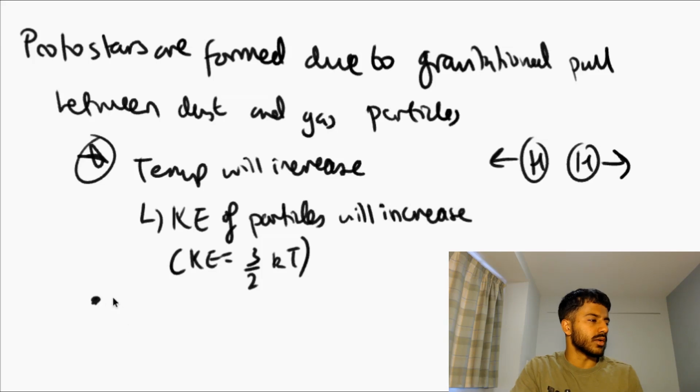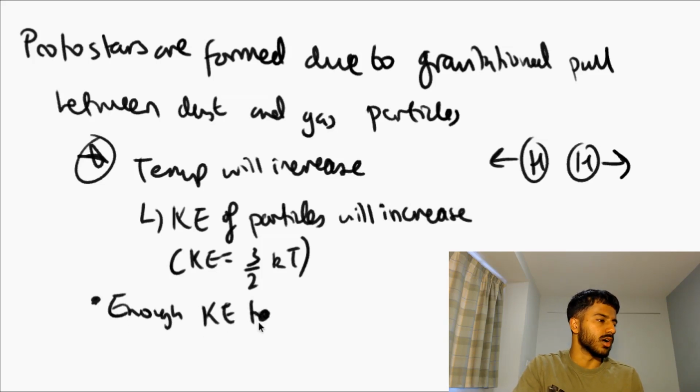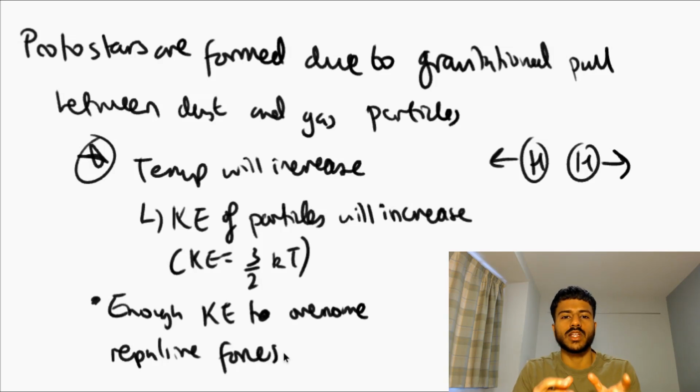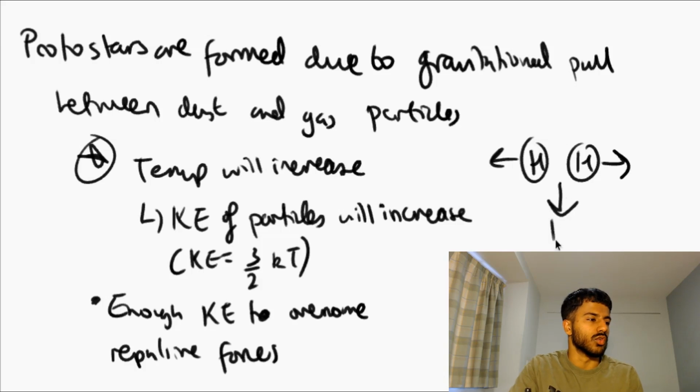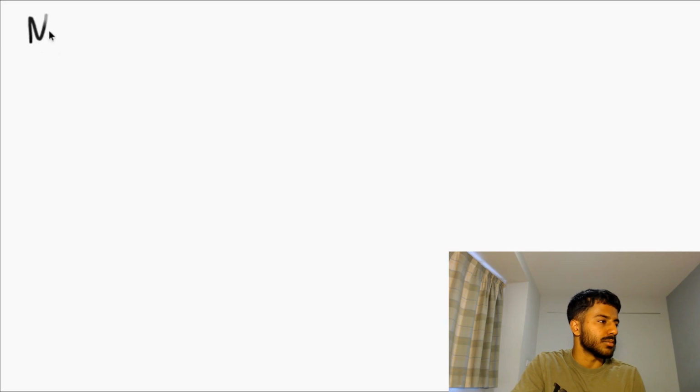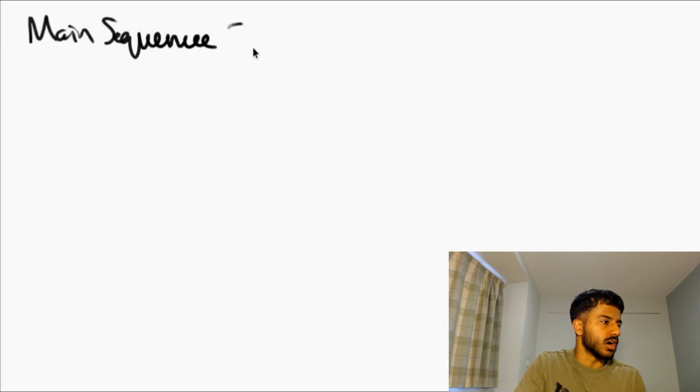And this would therefore mean there is enough kinetic energy to overcome the repulsive forces. And what that basically means is two hydrogen nuclei can therefore fuse to form helium, for example. This is what happens in a main sequence star.